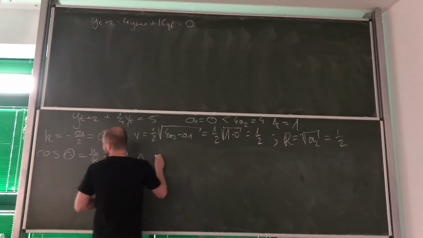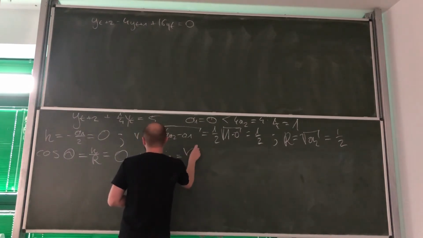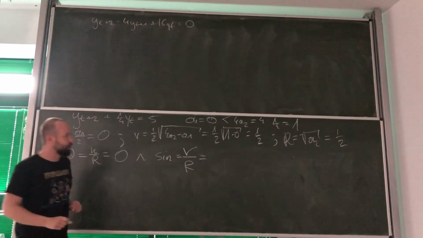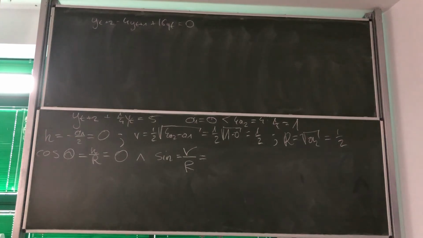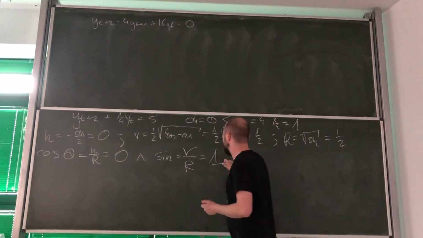Definitely. Now, sine is equal to v over r. And look, in our case, v is 1 over 2, and r is also 1 over 2, right? So, sine must be 1.